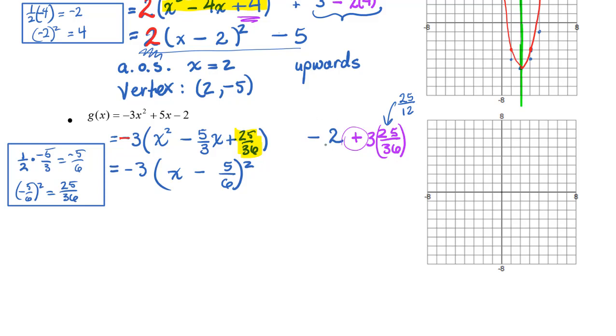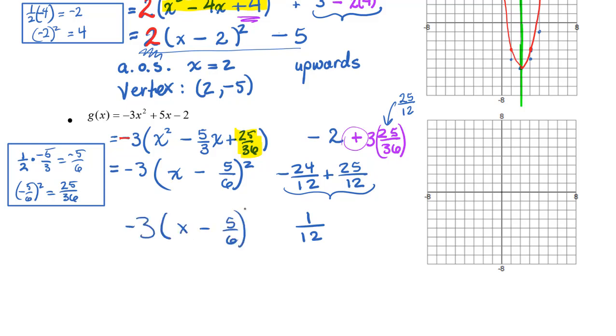So I'm going to rewrite this negative 2 as negative 24/12 plus 25/12. 25/12 minus 24/12 combines to be positive 1/12. And then we just drop down the other part: negative 3 times (x minus 5/6) squared plus 1/12.